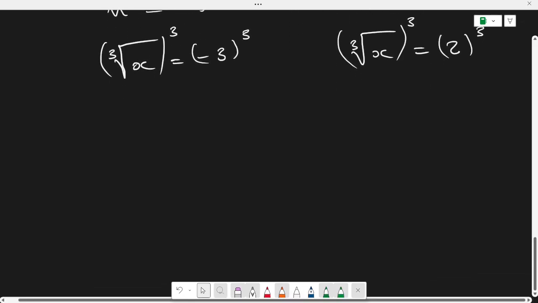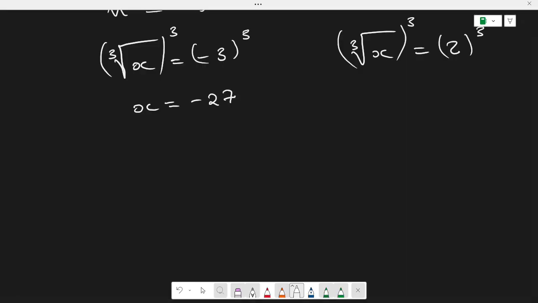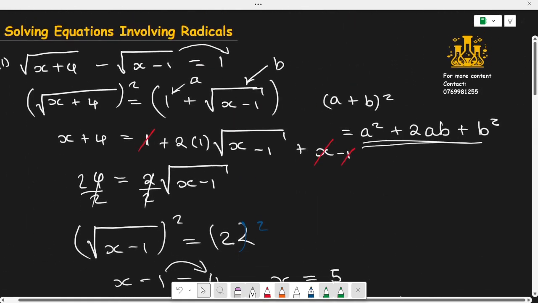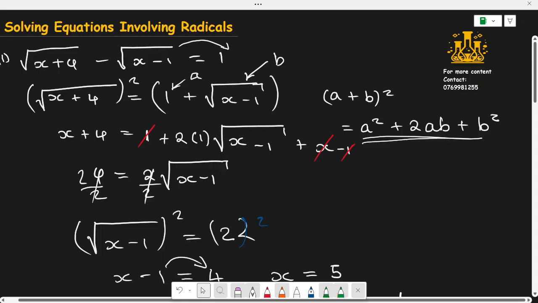Okay, so what we're going to remain with is x equal to negative 27 and x on this side equal to 8 as our answers. So that's how you go about solving equations that involve radicals.